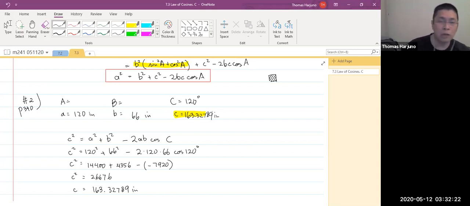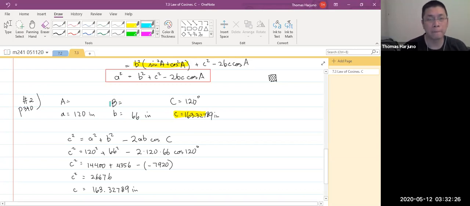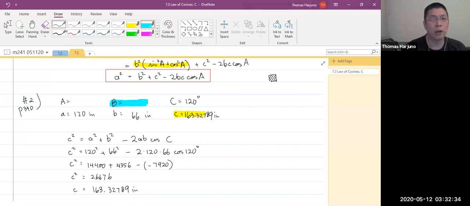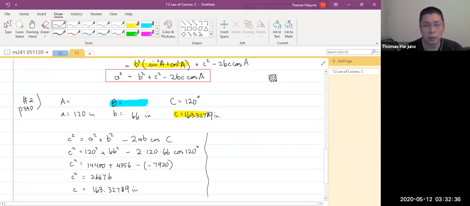Now, suppose I will use this information to find angle B. Can you use the law of sines? You can. So to find angle B, we can use the law of sines.